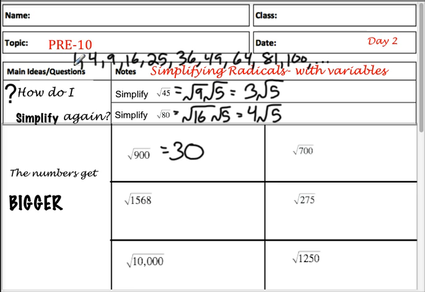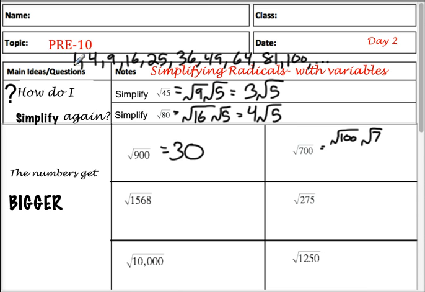So scooting over to the 700. Square root of 700 is not a perfect square. I got 26 point blah blah blah, all that number vomit. So I need to see what can I pull out of it. Now again, when you're dealing with larger numbers, sometimes it's difficult to tell the largest. Now this one, hopefully you can see the square root of 700, that you can pull 100 out of that.